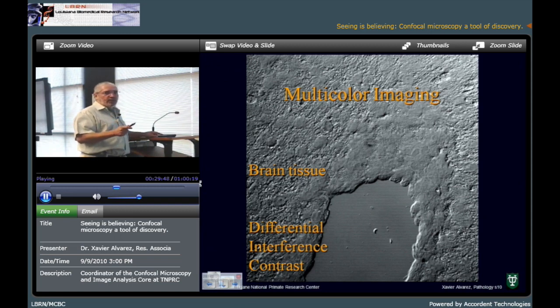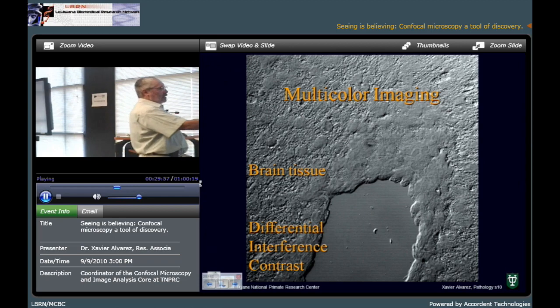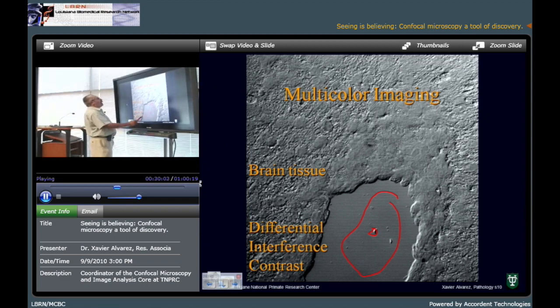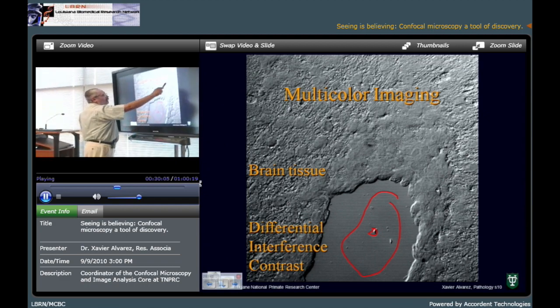Just imagine this is a piece of brain. We could see this is a vessel, there's a red blood cell there, and there is something here that I don't know what it is. Here's a cell, another cell, another cell.